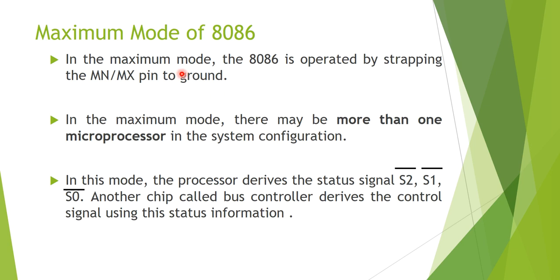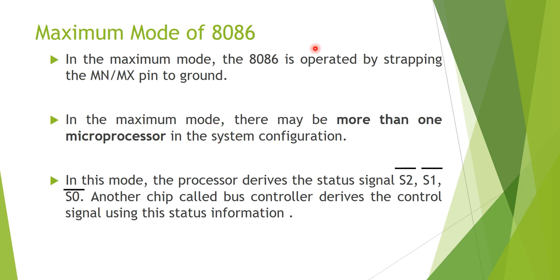Now in the maximum mode, more than one microprocessor is working in the system. So in the same system we have multiple processors in combination with the 8086 microprocessor.